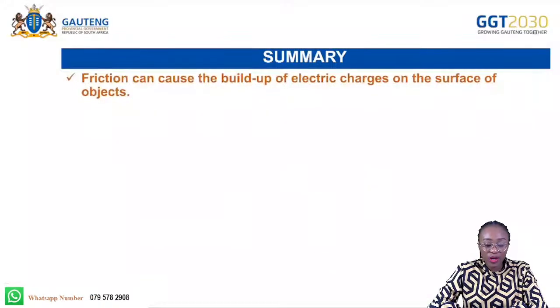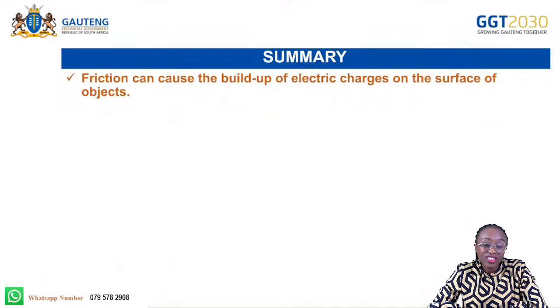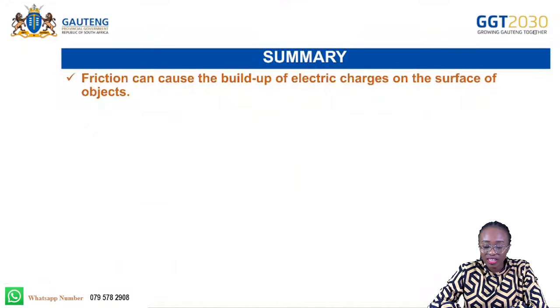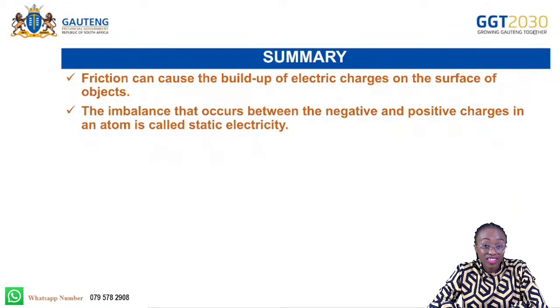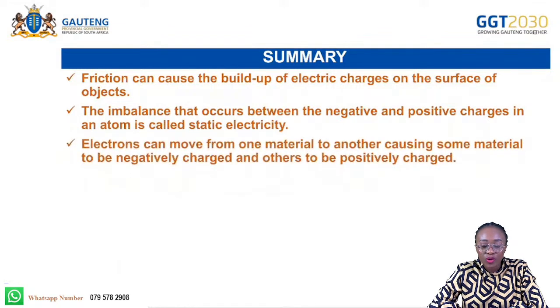Welcome back, learners. Let's wrap up our lesson. So today we learned about friction, and that friction can cause the buildup of electric charges on the surface of objects. We also learned that the imbalance that occurs between negative and positive charges in an atom is called static electricity. We also learned that electrons are capable of movement.